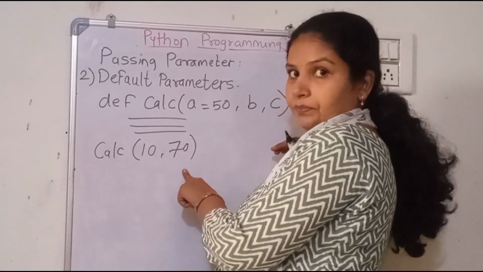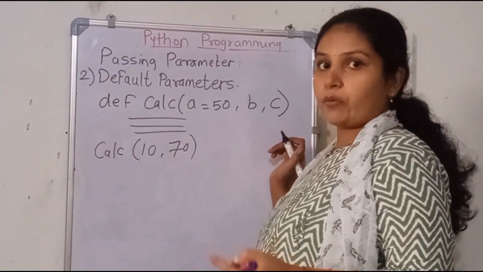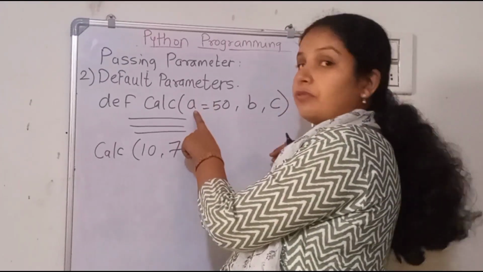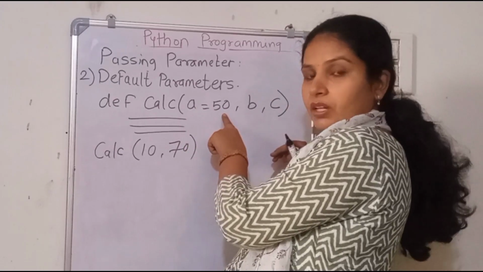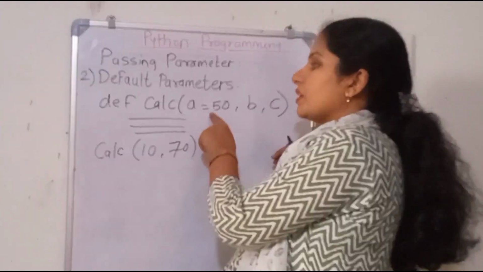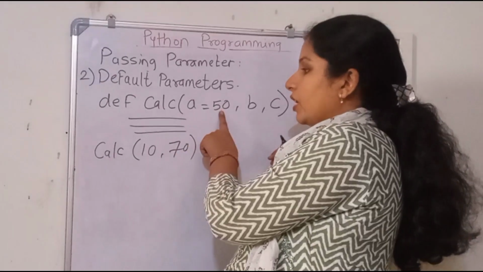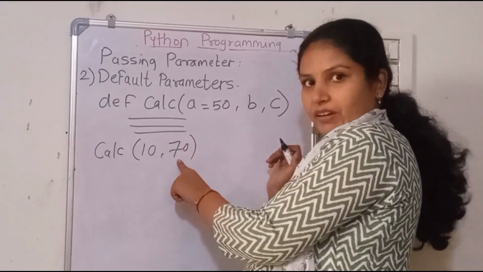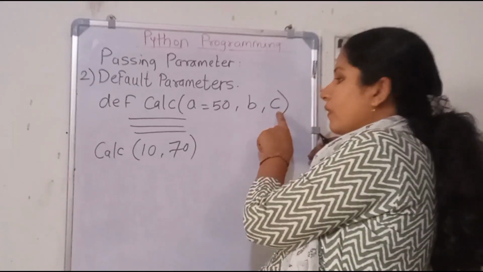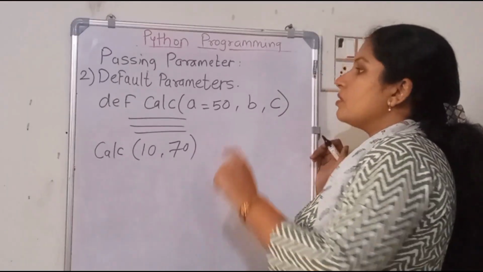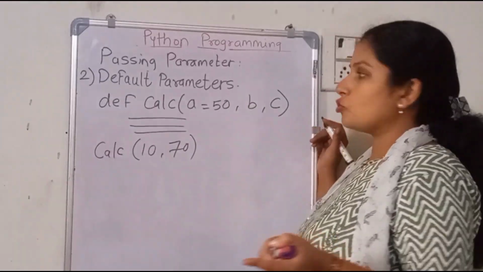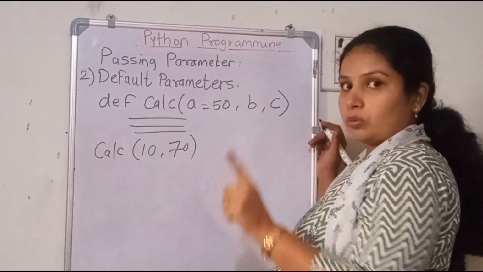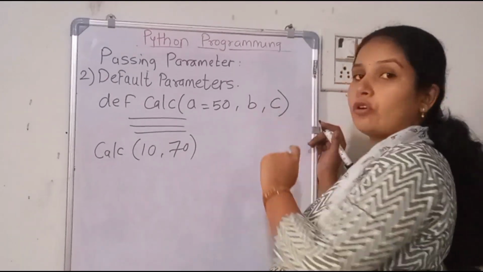What happens at the calling? Here position matters, sequence matters. Though you have assigned the default value 50 to the first parameter A, the first value will be assigned to A. That means 50 will be replaced by 10, then the B value will be 70, and then there will be no value for C. You have provided the default value for only one parameter, so you require values for two parameters.